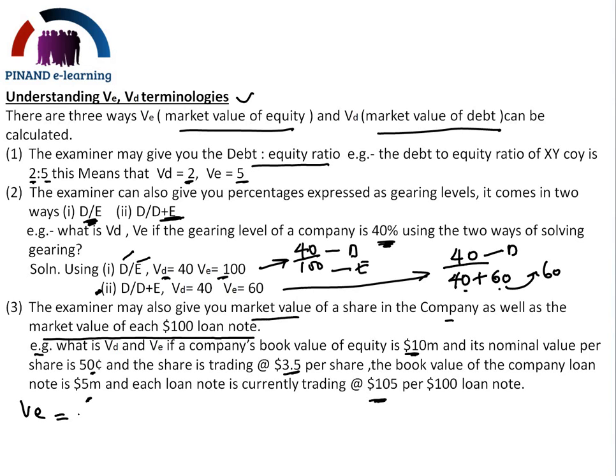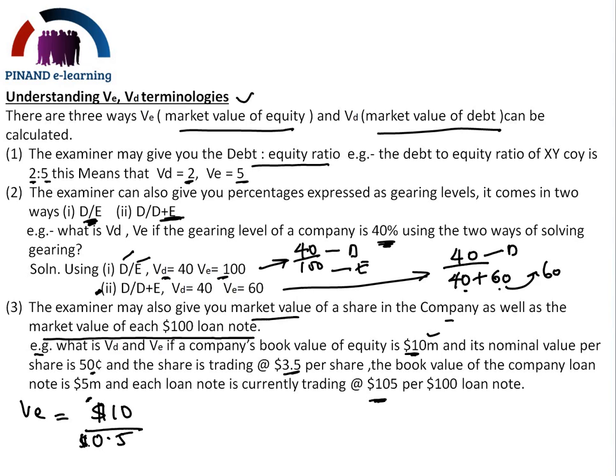If you tell me the book value of equity is $10 million, all I need to do is divide it by the nominal value of the share, which is 50 cents. If you have dollars on top, you use dollars as the denominator; if you're using cents, the numerator has to be in cents and the denominator has to be in cents.